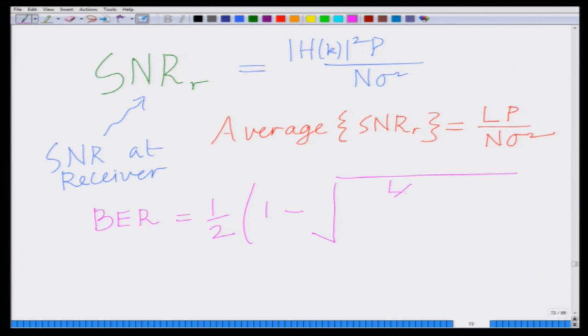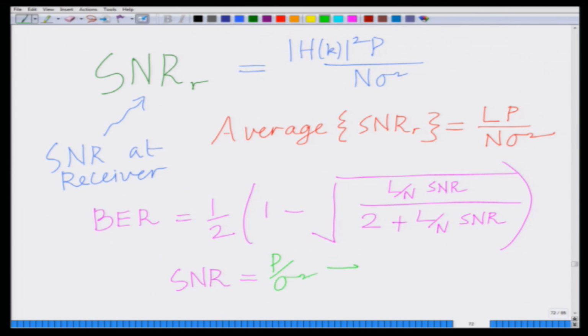So this is L over N times SNR divided by 2 plus L over N times SNR, where SNR, using our standard notation, is P by sigma squared. This is the transmit SNR. Therefore, let me box this so that it is clear for all of you to refer to.